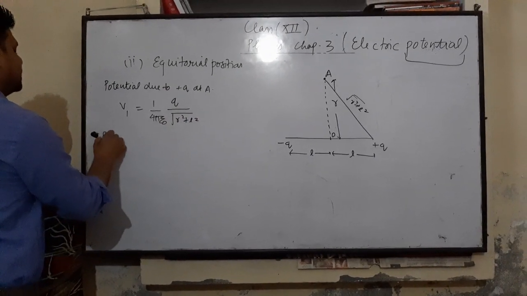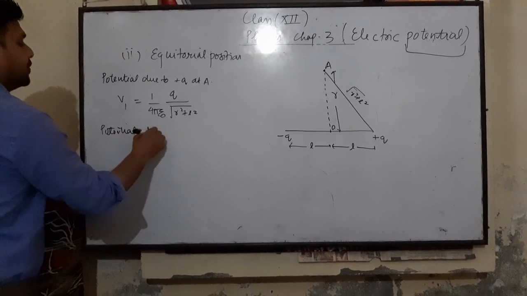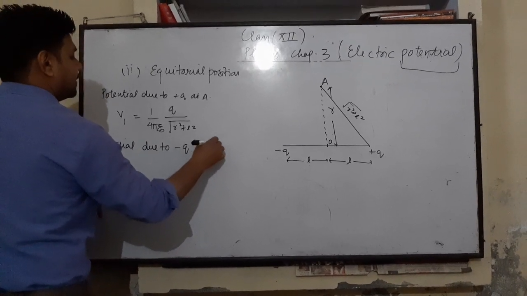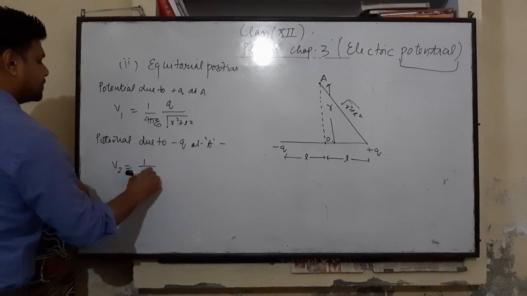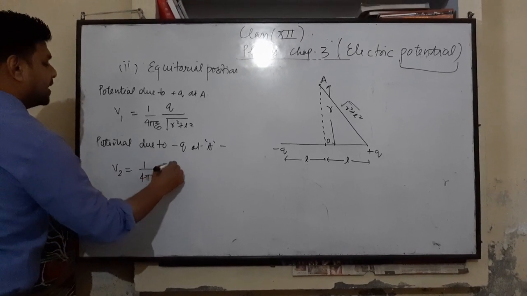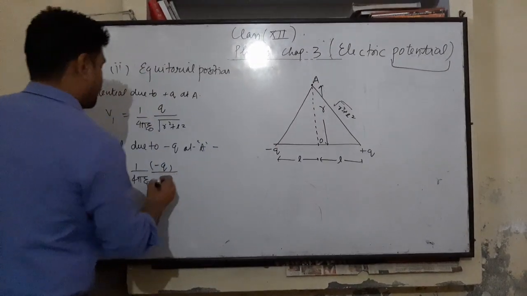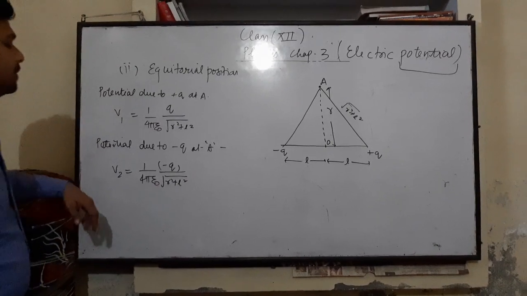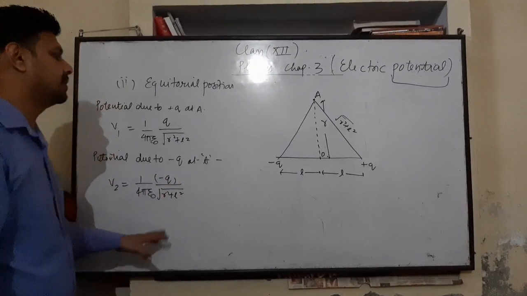Now, just like this, potential due to minus q at A. This is V2, which is 1 over 4 pi epsilon naught, minus q upon under root r square plus l square. We will place the value of q with sign.